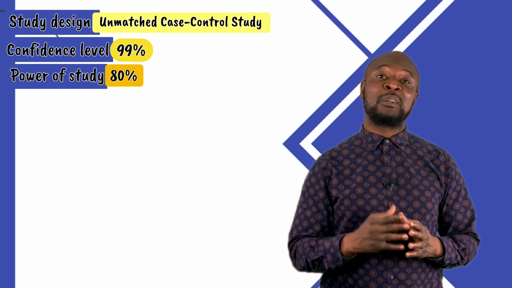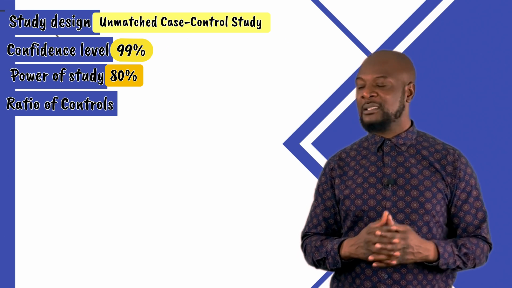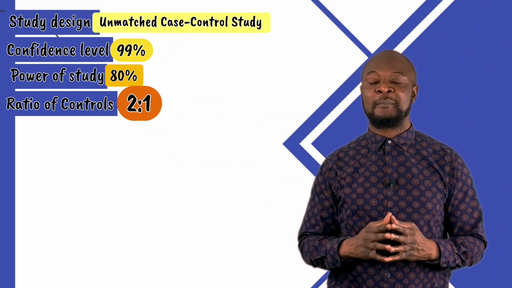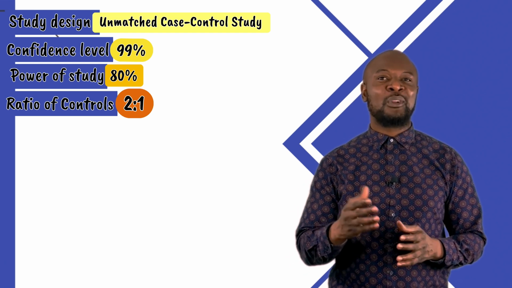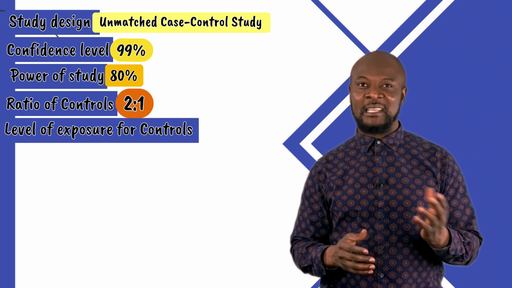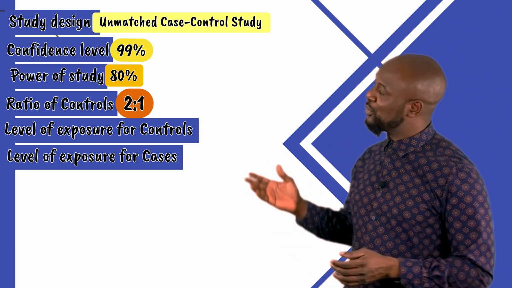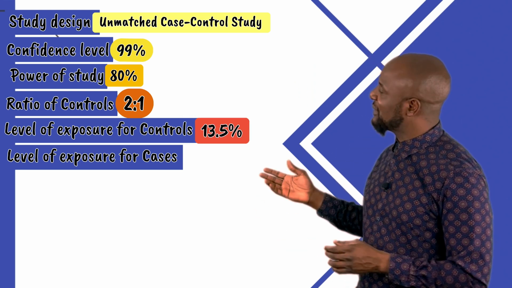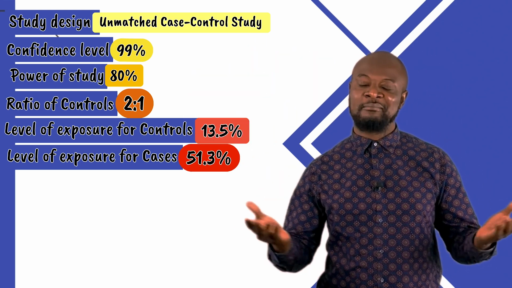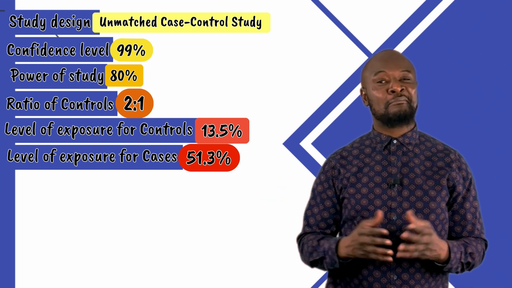Also, he wanted 2 controls per case, so the ratio of controls to cases is 2:1. What is left for us now is the level of exposure to the risk factor for the cases and the controls from a previous study. For the controls, it was 13.5% that were exposed, while 51.3% of the cases were exposed.